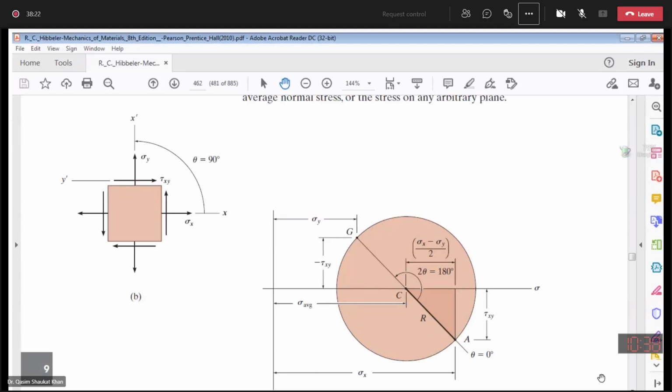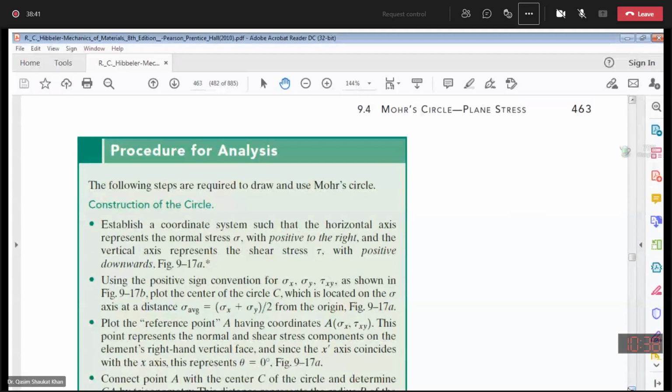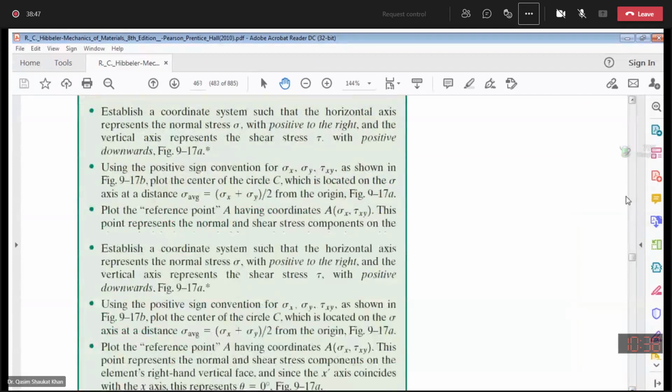So to have the same direction of rotation on the element and on the Mohr circle, we take the vertical axis negative upwards and positive downwards. Is this point clear? Yes, sir. Okay.